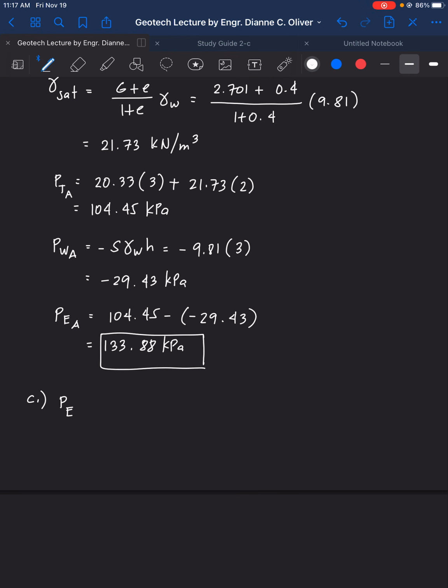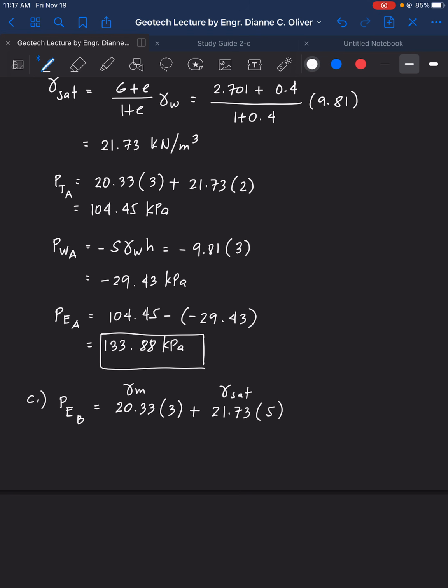P effective at B. Now gamma M is 20.33 times 3. Next, in the capillary zone, we have there the gamma sat 21.73 multiplied with the height of the capillary zone. So this is gamma M, gamma sat.